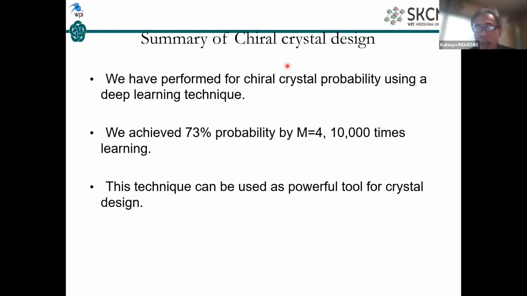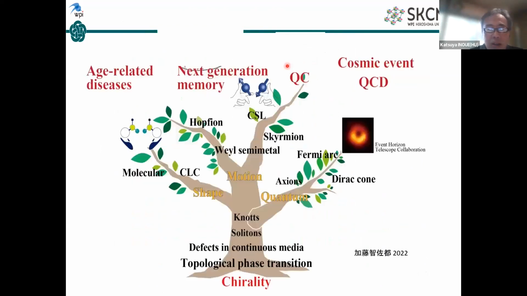Now the time is almost up, so let's go into the summary. Our findings, as I said last week: chirality changes the topological phase transition. They make defects, like solitons, nodes or skyrmions, and we are researching this branch.